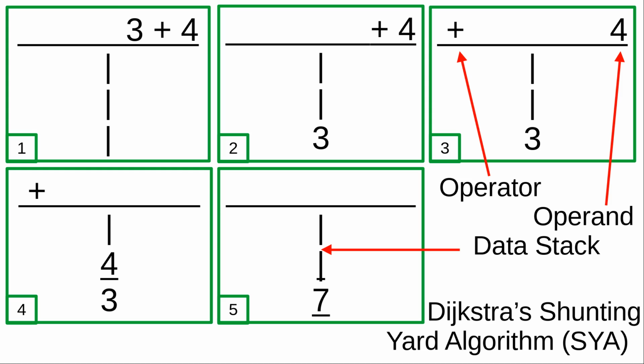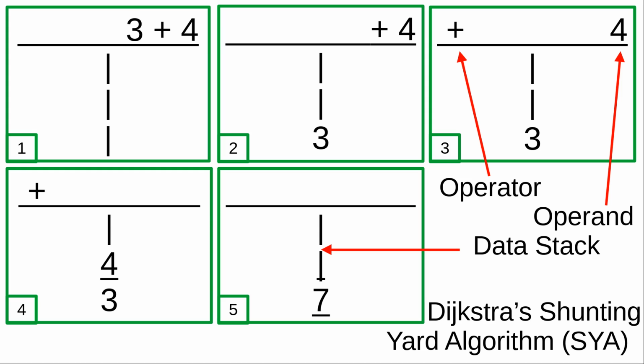The compiler or interpreter will examine the list of tokens or symbols. If it is a data token or operand, it will be pushed onto the data stack, represented by the bottom branch of T. As such, in diagram 2, 3 is placed onto the data stack.